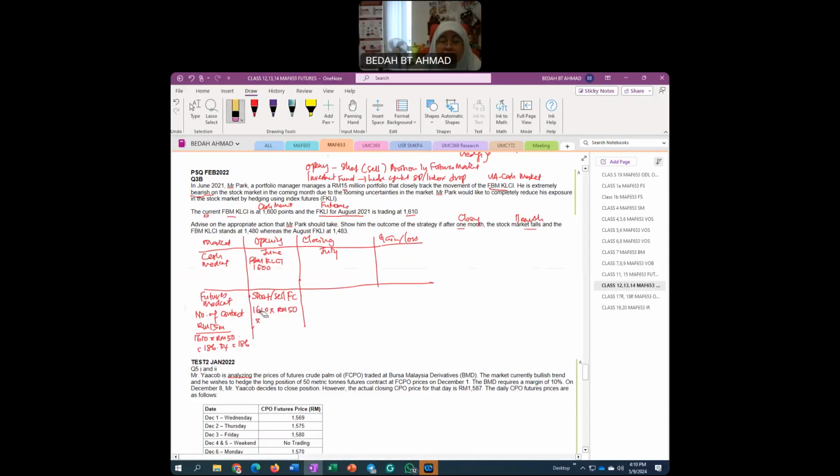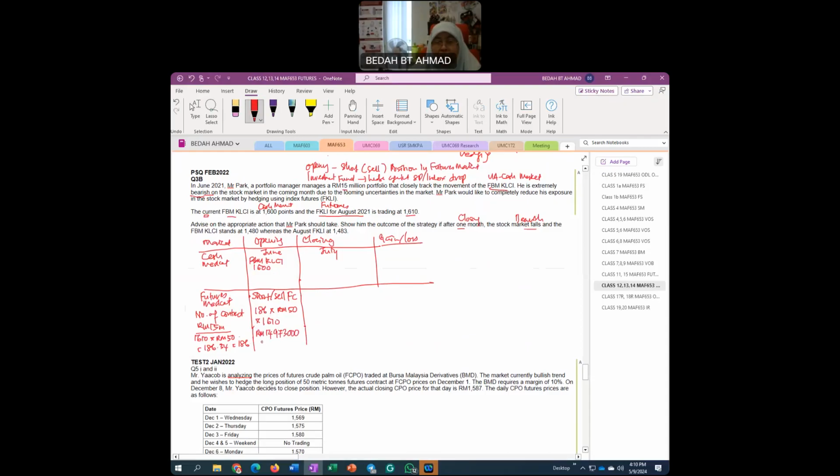Okay, so I start with the number of contracts: 186 multiplied by contract size multiplied by the index point. So you got RM 14,973,000.